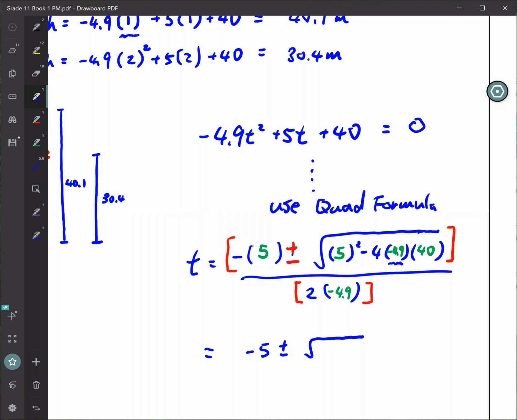Negative 759. No. Okay, can you tell me what this part is? What do you get here? 784. Yeah, 784. So if only those three numbers multiply, it's negative 784. So you need to do 25 minus, 5 squared is 25. 25 minus negative 784.